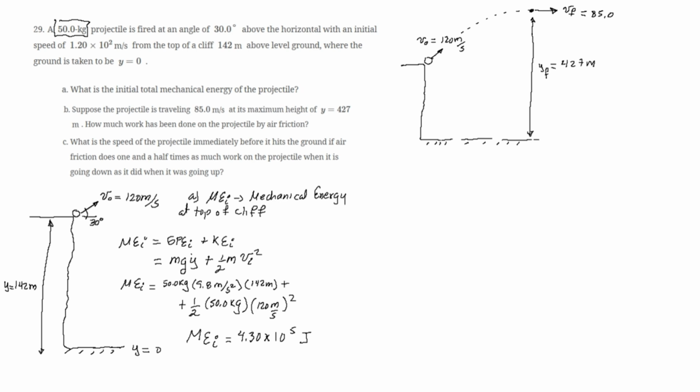So there is a new mechanical energy here, the mechanical energy 2, or mechanical energy final. It is given by the gravitational potential energy at this new height, and the kinetic energy from the new velocity.